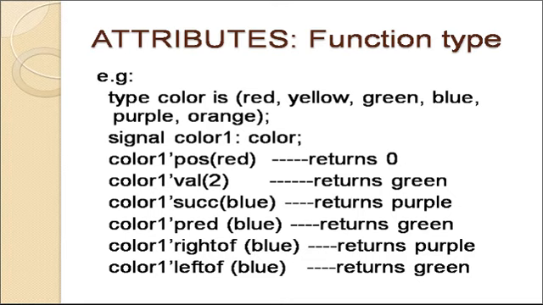If you ask what is the value at position 2, it will return green. What is the successor of blue? It will return purple. What is the preceder of blue? It will return green. What is the right of blue? To the right of blue is purple. To the left of blue is green. Like this, these attributes are there.